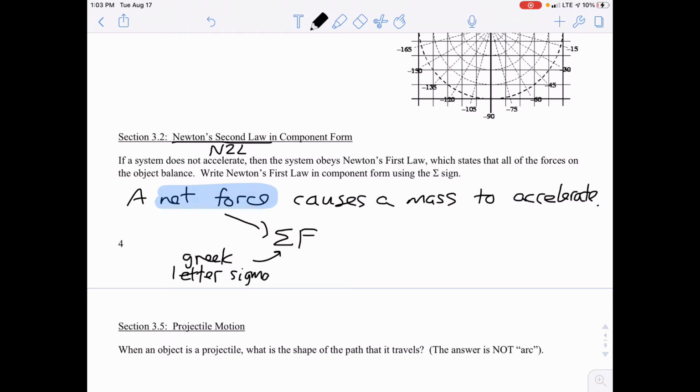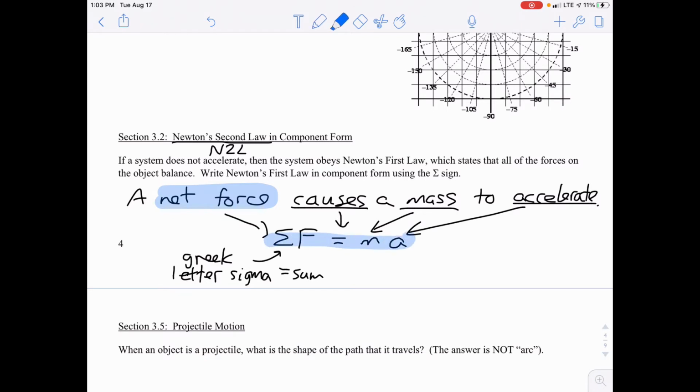The Greek alphabet always has upper and lower cases. That's the uppercase sigma. Now, typically in mathematics, sigma usually means sum, adding something. So sum of forces, total force, or you can refer to it as net force. That's the way I'm going to call it. I'm going to call it net force. Causes, that would be equals, a mass, m, to accelerate, a.